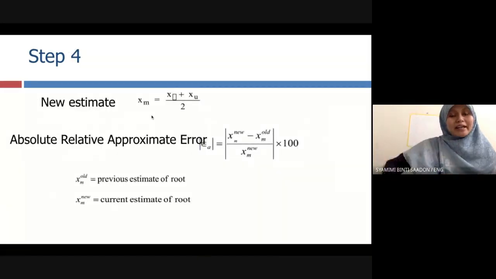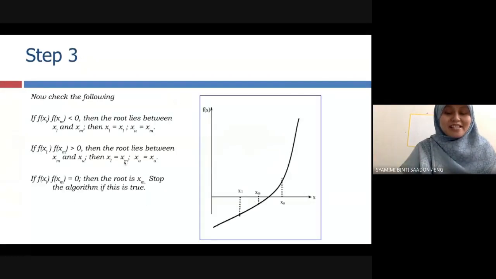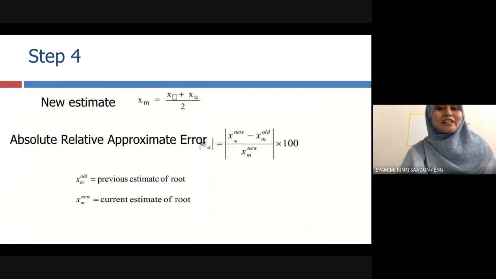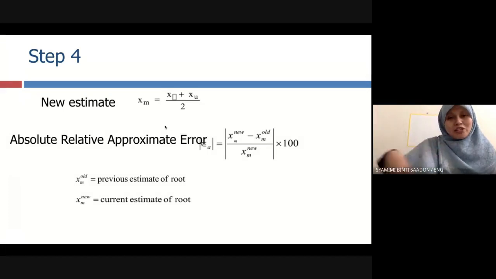We have to calculate again the new XM, the new midpoint. So XL here is actually the XM from the first round, plus XU, divided by 2. So we are approaching the solution, and we continue the new estimation until we reach convergence.